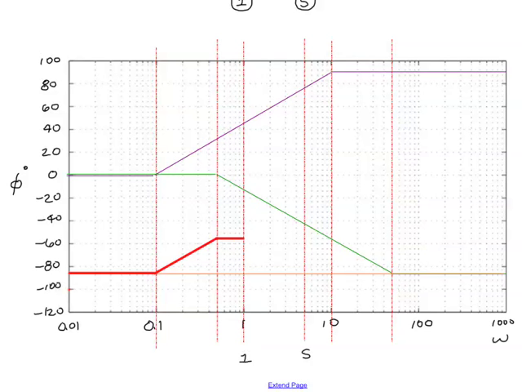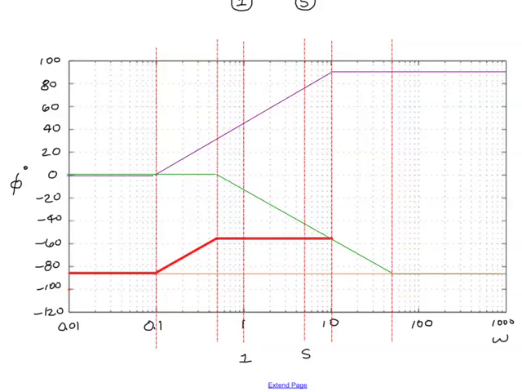Well, I guess that wasn't necessary. What was it? Our next break here occurs at 10, so let me pick up on this and extend that all over to 10, because that's where the next break occurs in purple. And now from between 10 and 50, we have that the purple and the orange knock each other out.